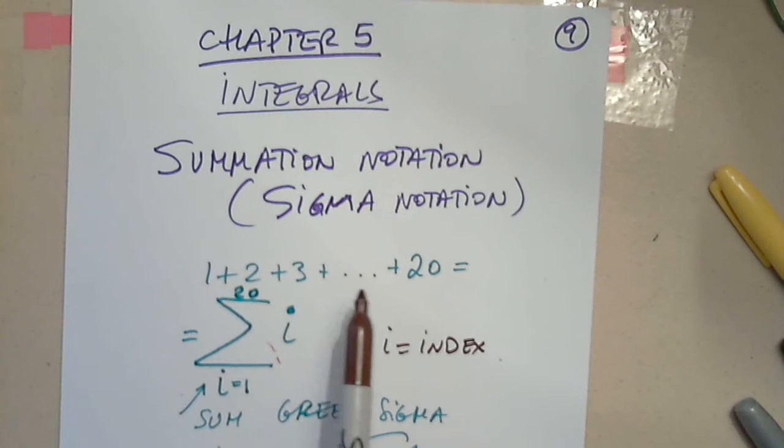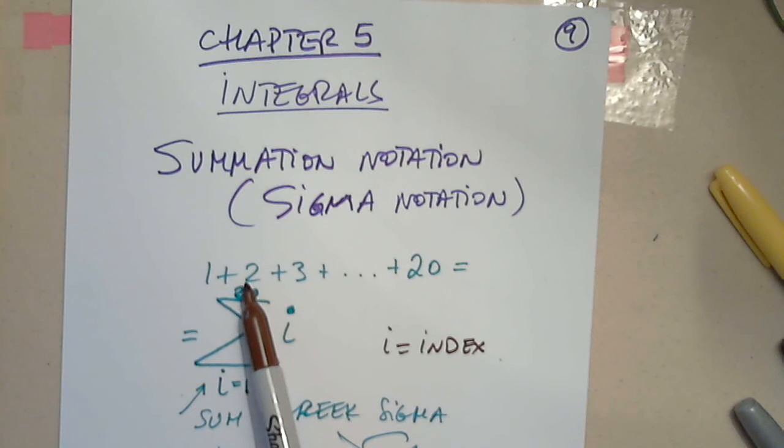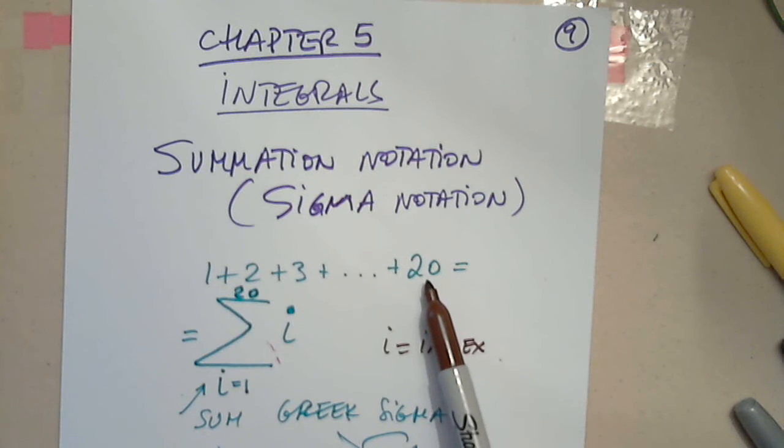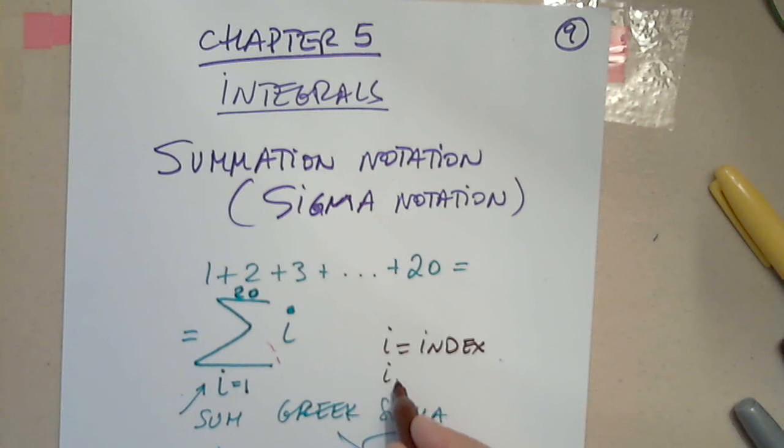It's the location of any term. The first location, the second location: what do I have on the second location? I have 2. What do I have on the 20th spot? I have 20. Normally the indices we like are i, j, or k. You can use any, it doesn't matter, but these are the indices that are most common.